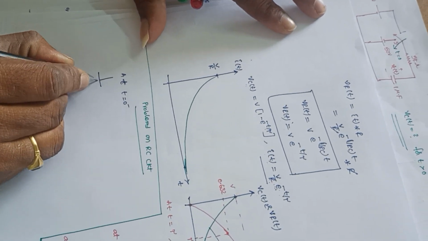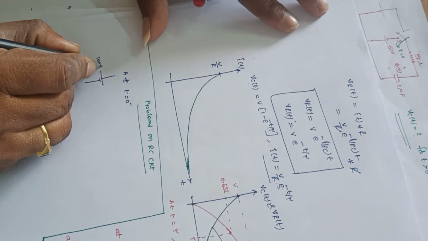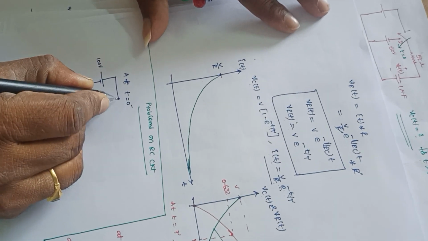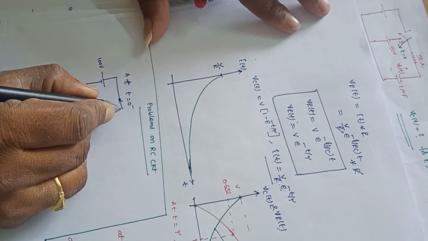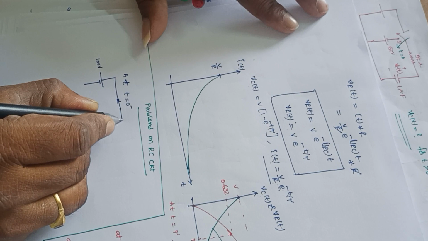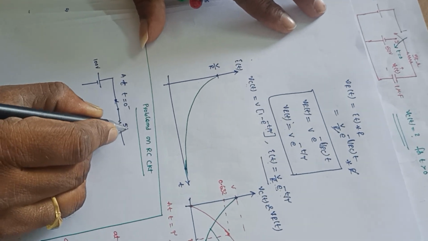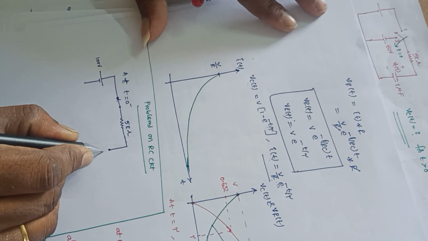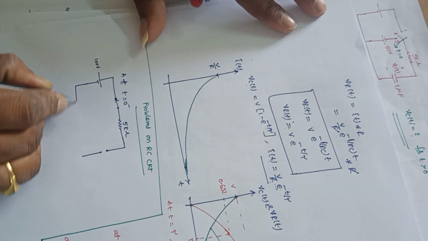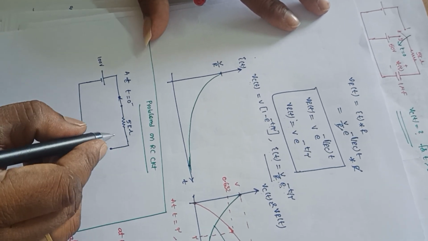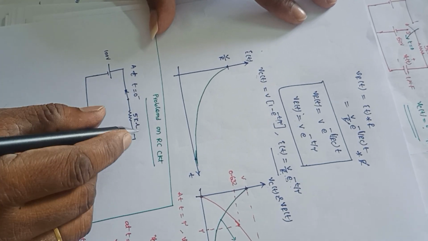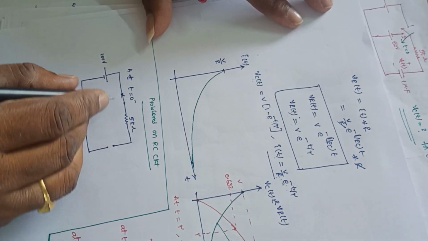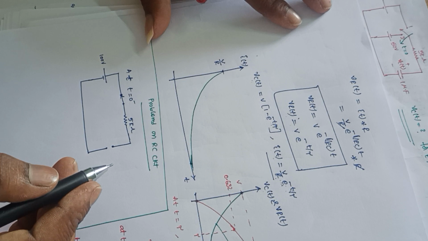So this is a 100 volts voltage source, and the switch is at position 1. And now this is connected to this 5 kilo ohms resistance and the capacitance. The capacitance will act as open circuit because this circuit is under steady state condition from minus infinity to 0 minus.